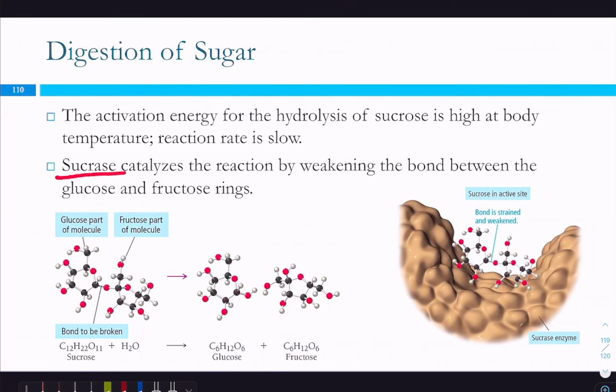So sucrase, that ase means to cleave. It's an enzyme that cuts things. Lipase cleaves lipids, which are fats. But it grabs onto them and strains the bond between the two.